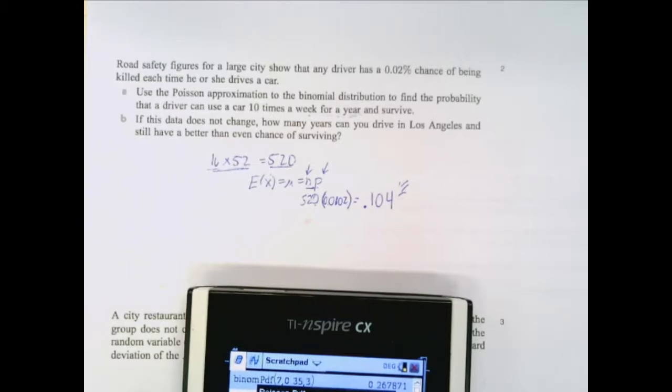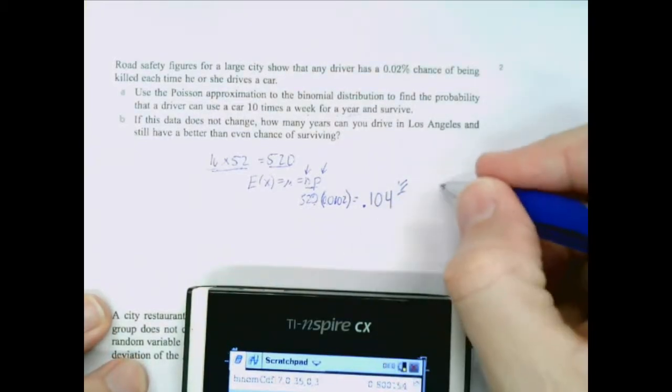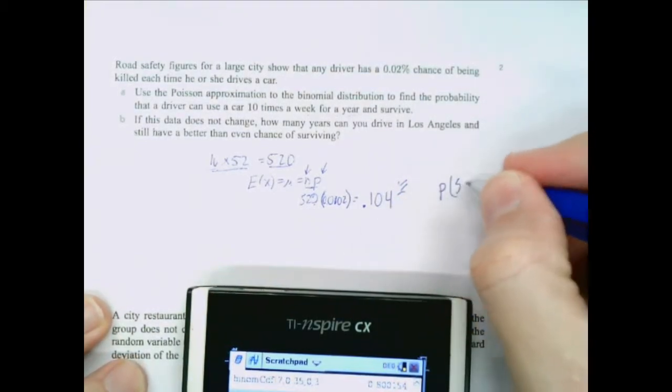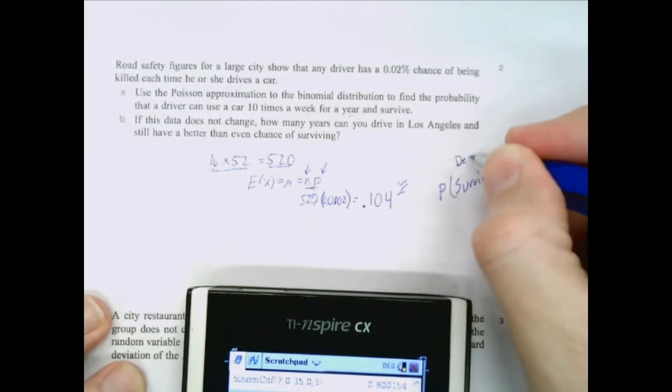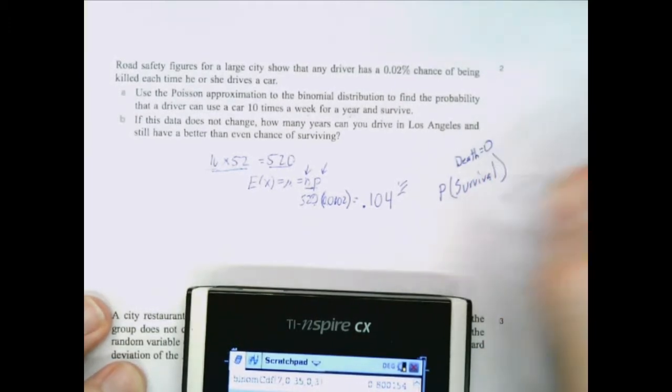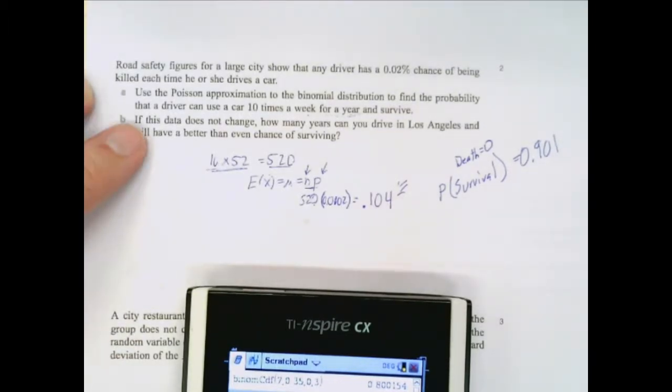So I'm going to put in 0, and it's going to solve and give me my probability right there, which is the probability of survival, or deaths equal to 0. That would be 0.901.